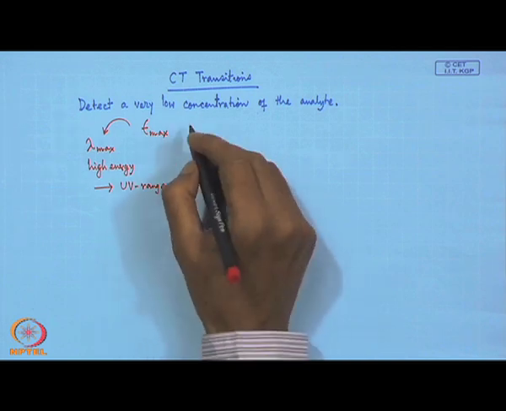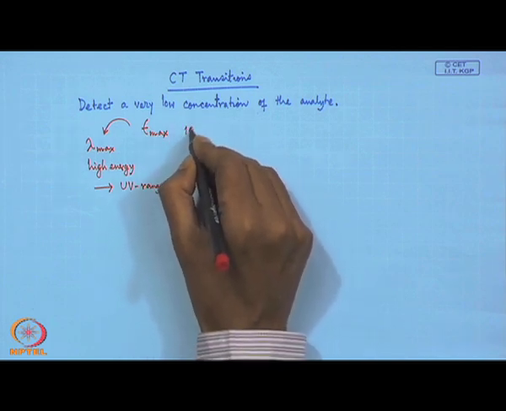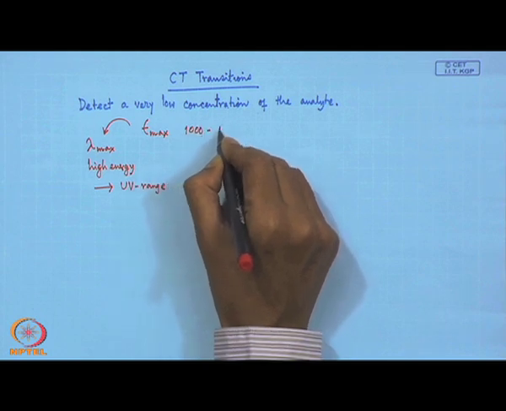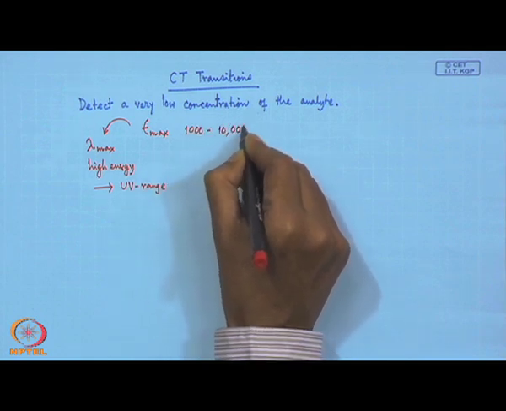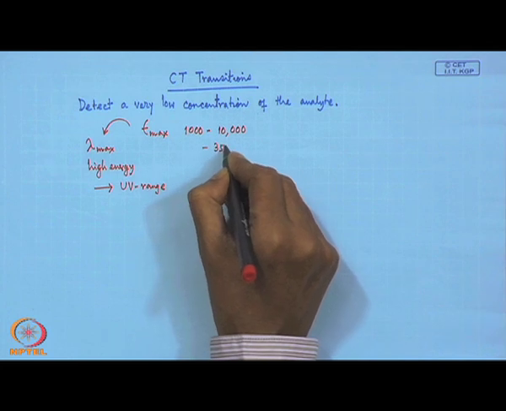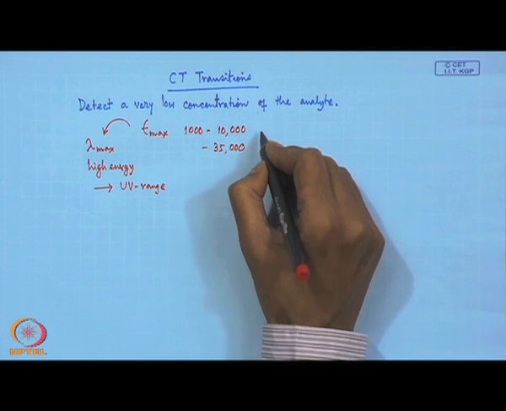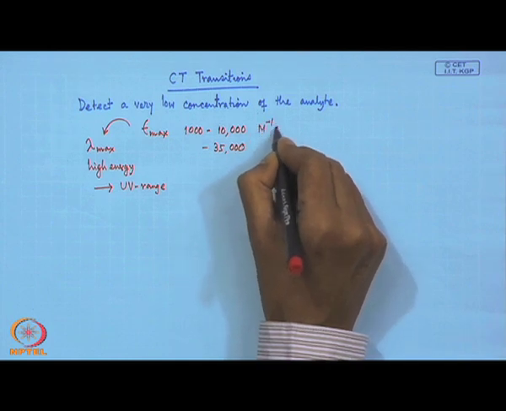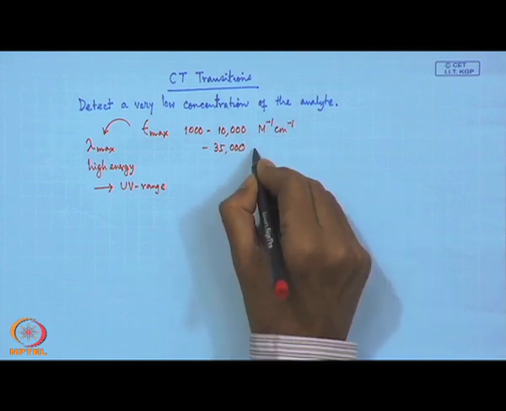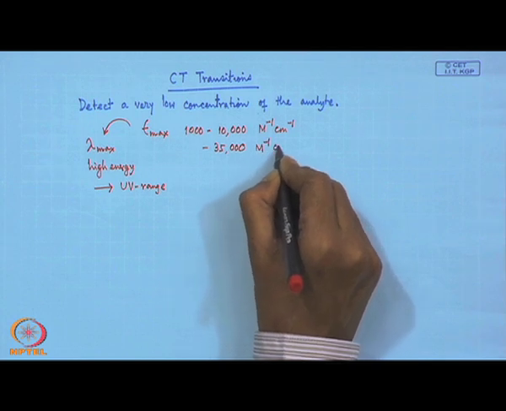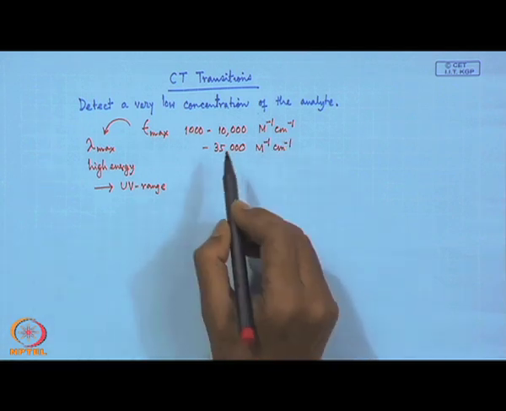The epsilon max is around 1000 to 10,000, or sometimes very high, up to 35,000, in mole inverse centimeter inverse.